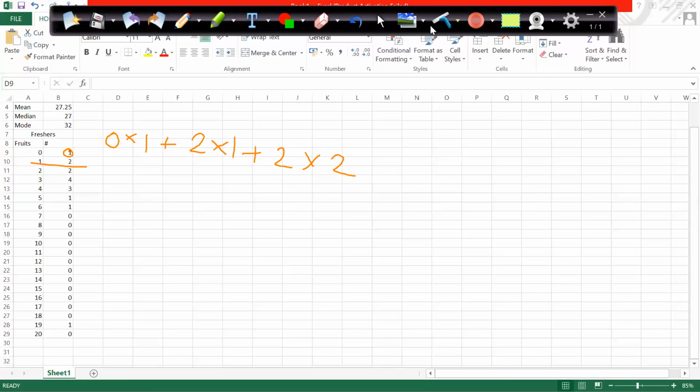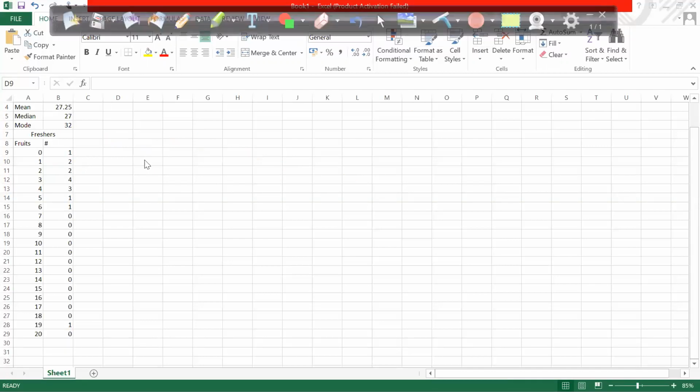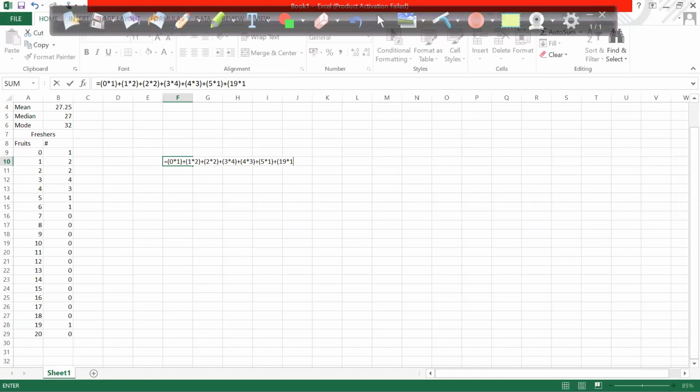So if I write this entire maths, what will happen? Let me do the calculation directly here. So 0 into 1 plus 1 into 2 plus 2 into 2 plus 3 into 4 plus 4 into 3 plus 5 into 1 plus 19 into 1.